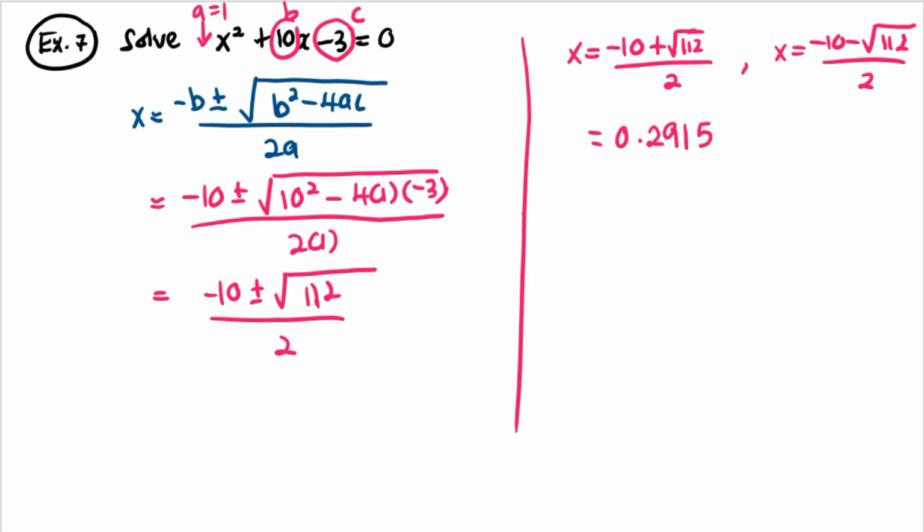So the first answer is 0.2915. Another answer will be negative 10 minus square root of 112, and then you divide by 2, you get negative 10.2915. So you are done with this one.